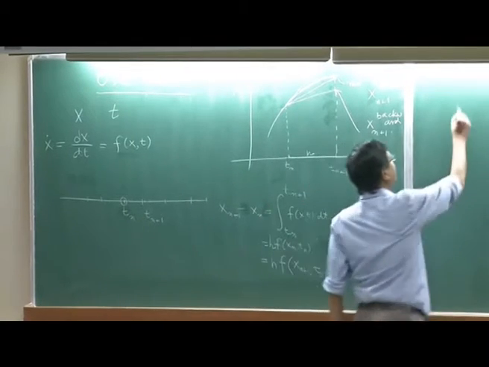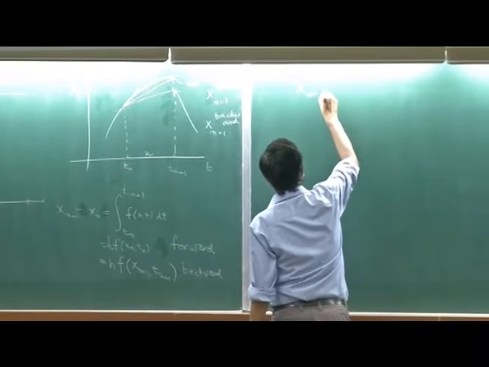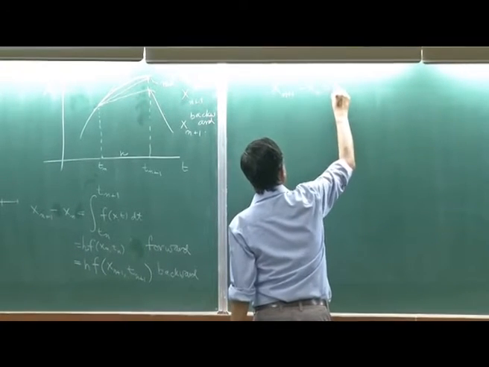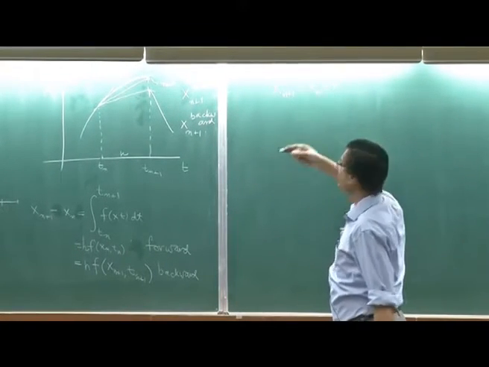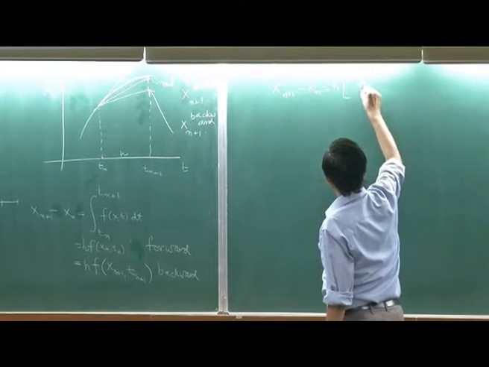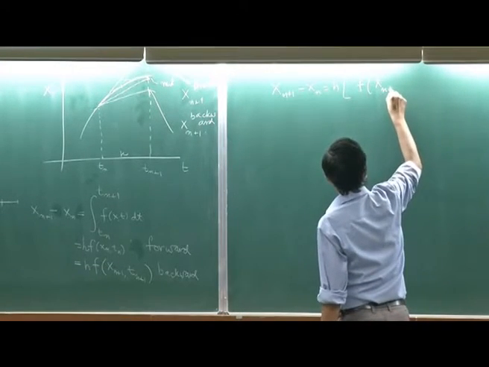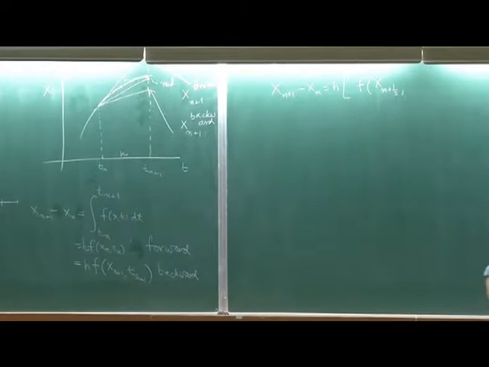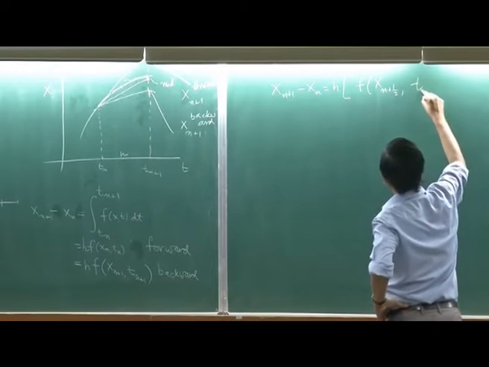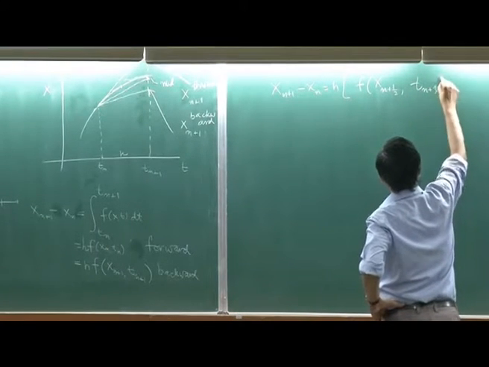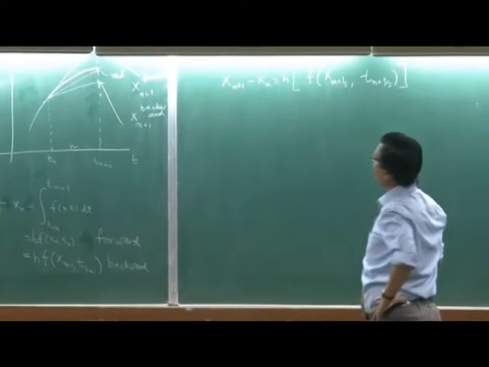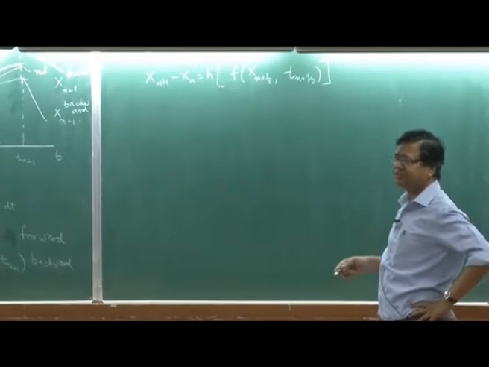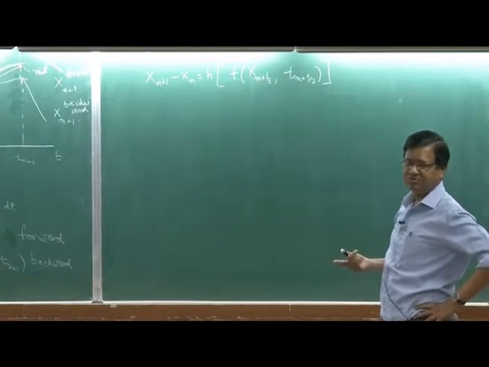Or you could have x_{n+1} minus x_n equal to h times the midpoint. So the midpoint will be f of x at n plus half. n is my time index. So n plus half, t_{n+1/2}. So this is the midpoint scheme. Or I could use the trapezoid rule, which is the average of the two slopes.